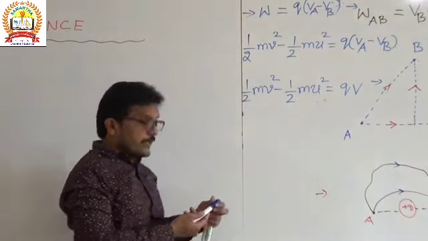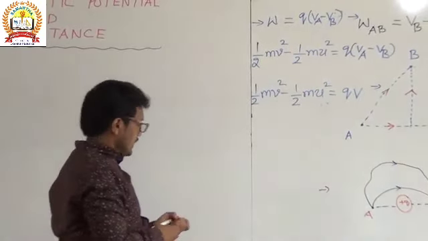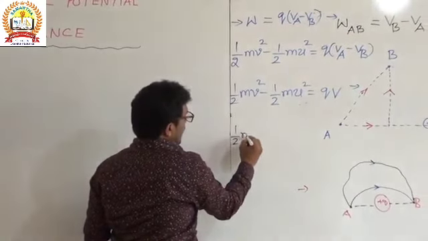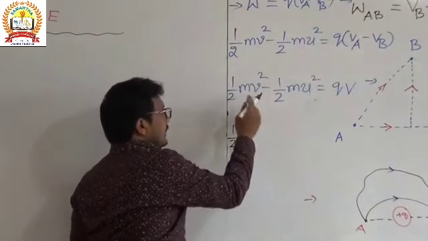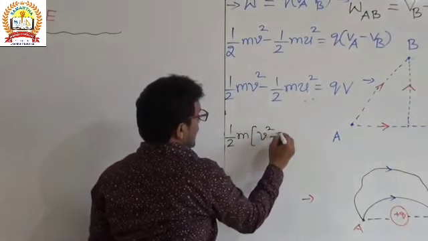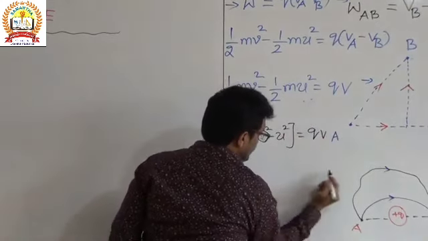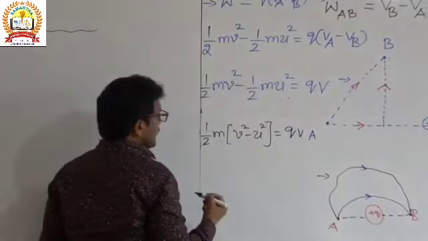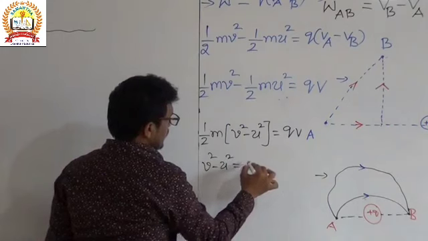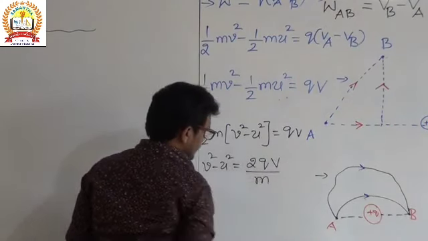Now if you simplify, we want to know the velocity of the charged particle. Taking half m as the common term, half m into v square minus u square is equal to q into V. Then v square minus u square is equal to 2 into q into V divided by m.